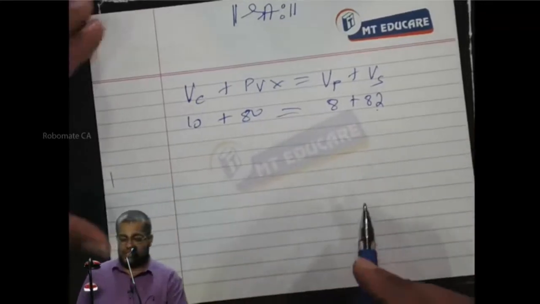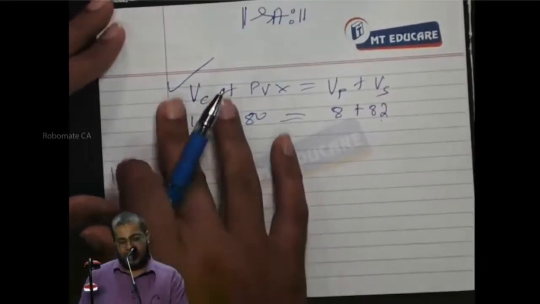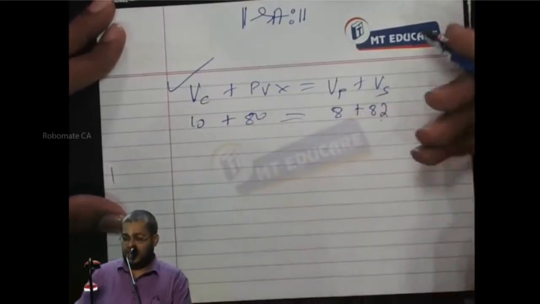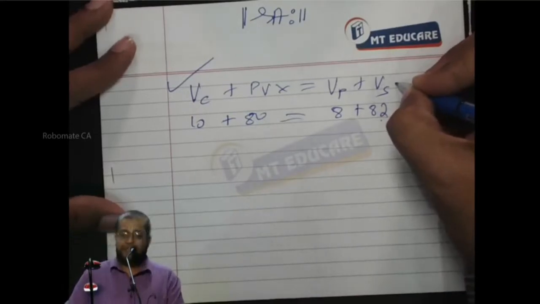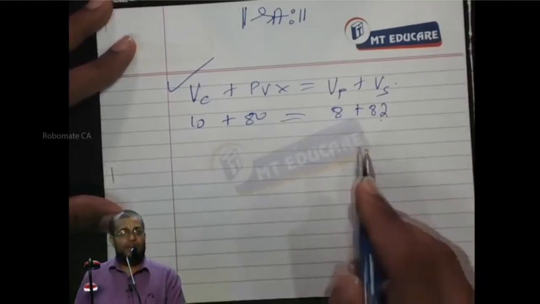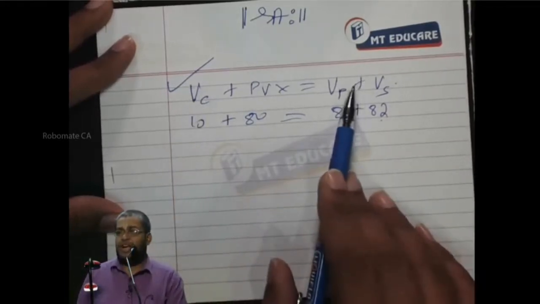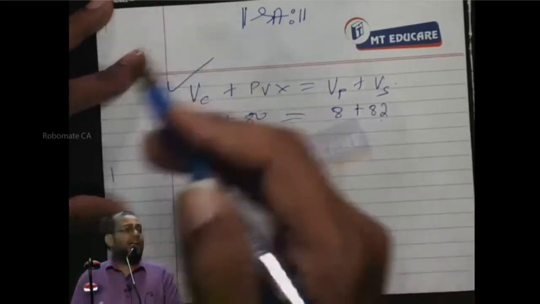Now, the question is, sir, what is this equation? How has it been arrived at? Why is it called VC plus PV of X is equal to VP plus VS? First we are going to understand the meaning or derivation of this equation. Once we understand this, in the next stage we will do a problem where the question gives you the value of call and value of put, and asks you to find the value of share as a missing figure, and vice versa.